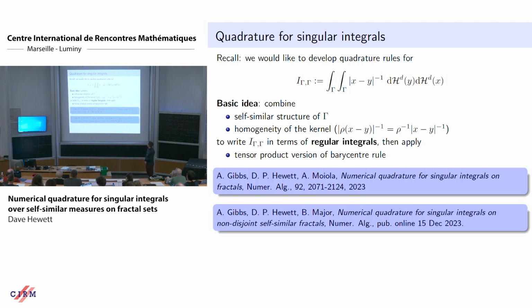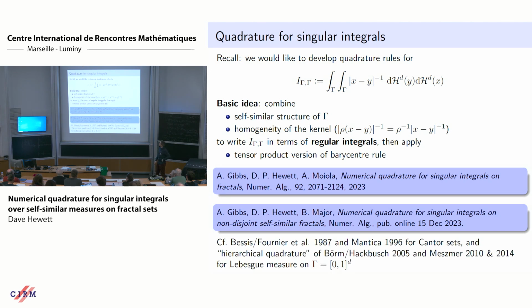And this is presented in these two papers, which have come out recently. But these methods are not really new, they've been known for a while, and there are some papers in the physics literature that are applying this, and Giorgio also used this kind of property for evaluating integrals of polynomials, because they have the same homogeneity idea.